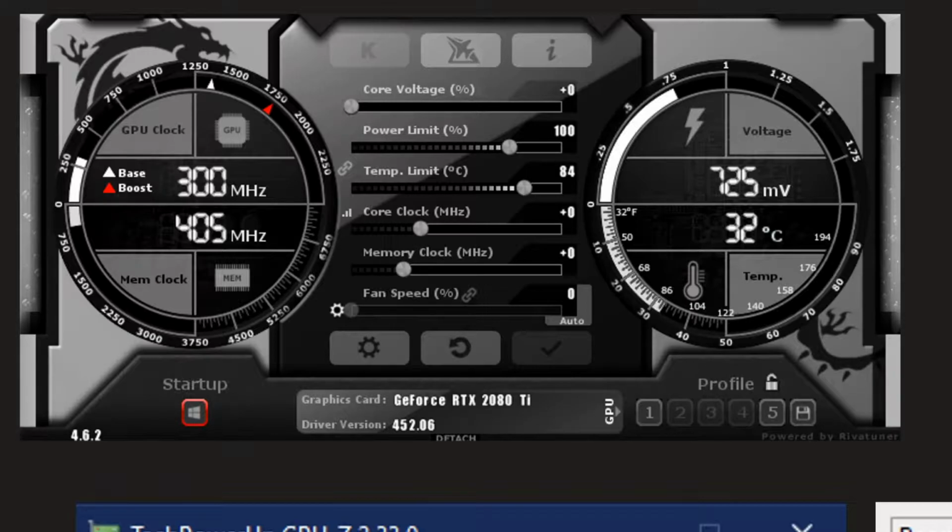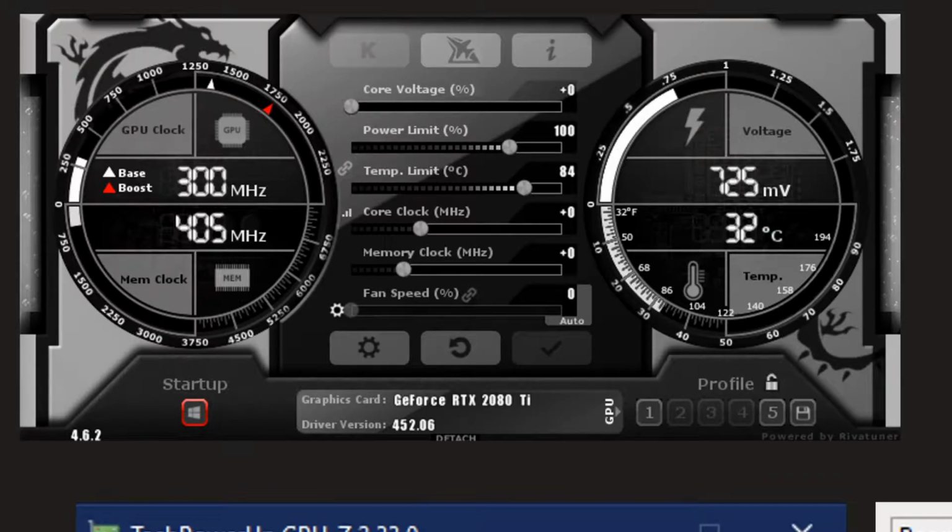It looks at temperature, it looks at how much voltage you have right now, and it looks at the power limit. And for the most part, especially on NVIDIA, your power limit is the limiting factor.